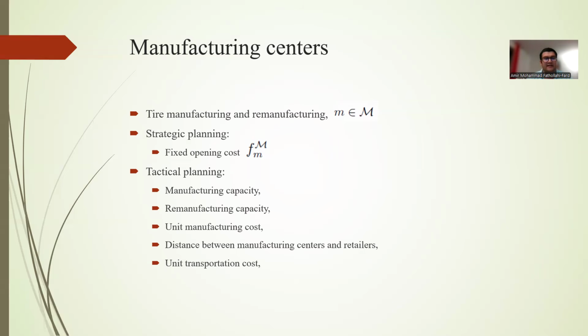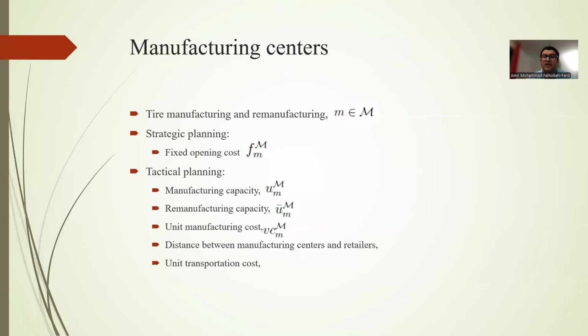From tactical planning, each manufacturing center has a predefined capacity for manufacturing and also a predefined capacity for remanufacturing. There is also a unit manufacturing cost for producing the tires.